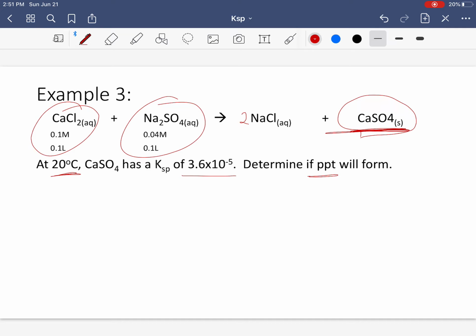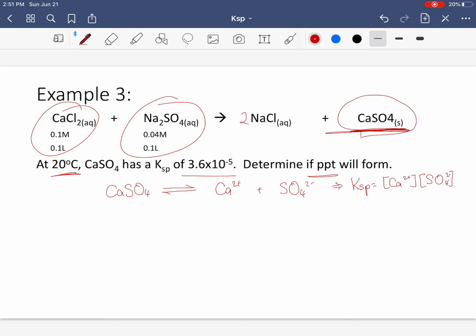All right, so let's do this. Basically, CaSO4 dissociates to give you Ca2+ and SO4 2-. That means that Ksp is equal to calcium 2+ times sulfate 2-.